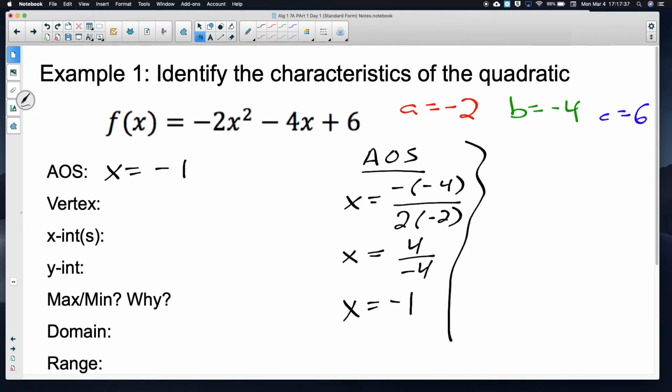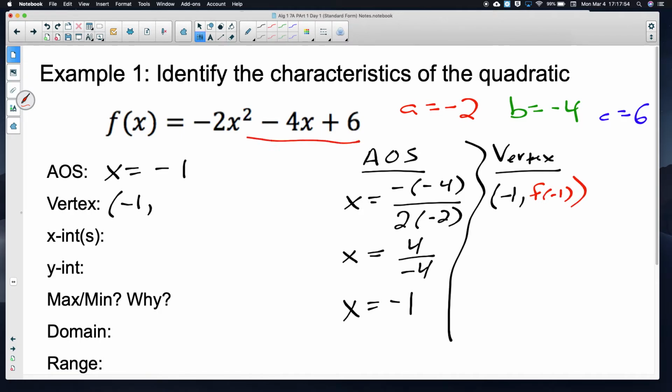So now I want to find my vertex. I already know that the x-coordinate is going to be my axis of symmetry. To figure out the y-coordinate, I need to plug -1 into my function.